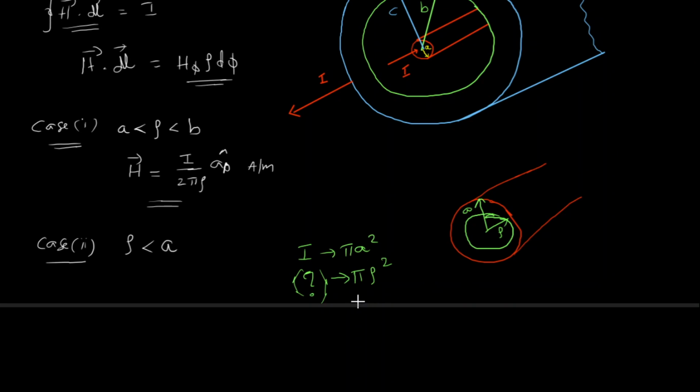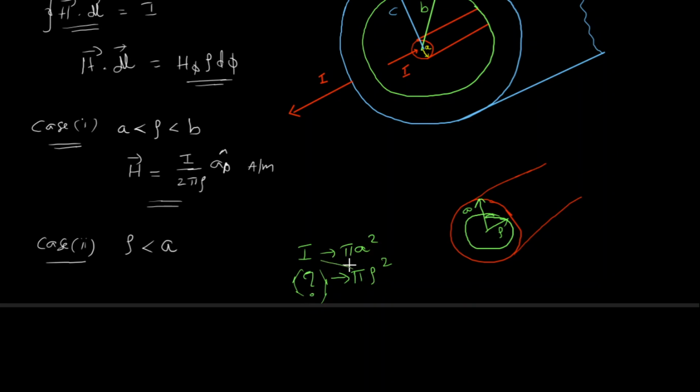Because I can apply Ampere circuital law only to the value of current which is enclosed by the closed path. Otherwise I cannot apply. So here my first duty is to find how much current is enclosed by the closed path. To find that I am giving you this idea. The total current is flowing through a cross sectional area pi a square, but now my cross sectional area reduced to pi rho square. You just find the expression for current flowing through pi rho square.